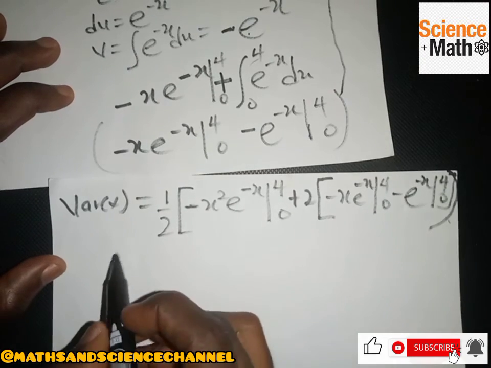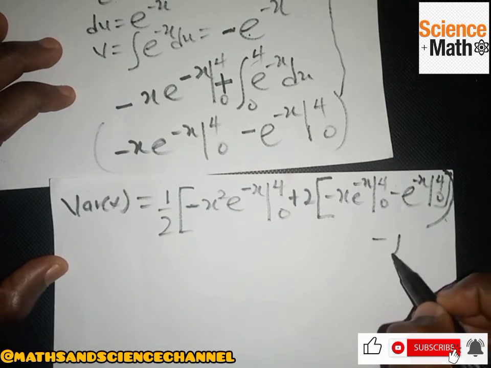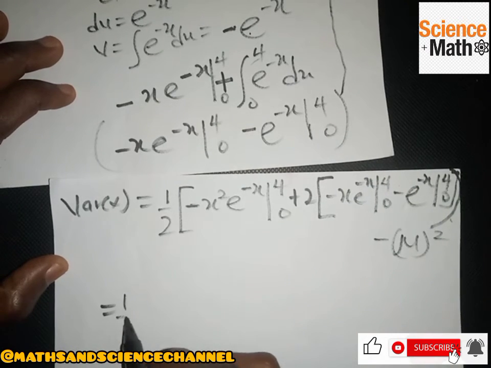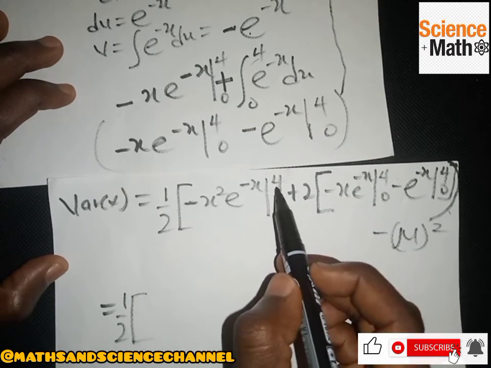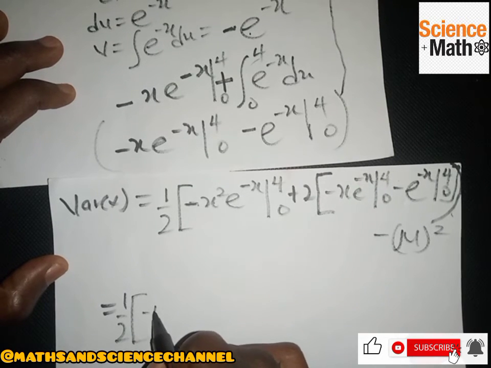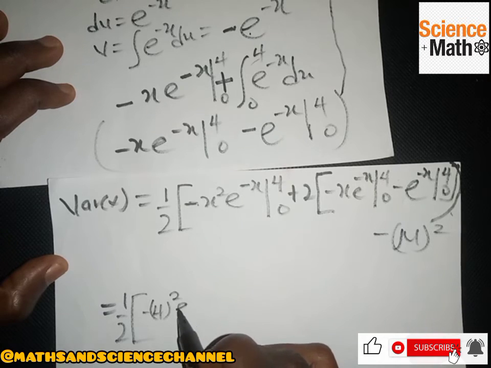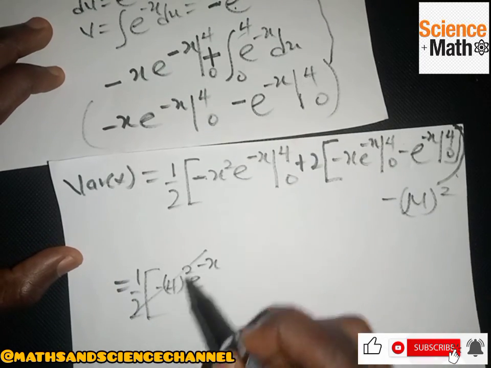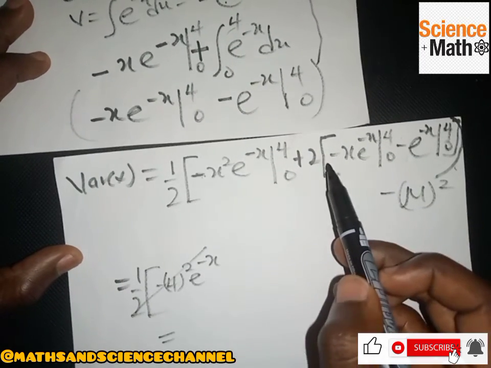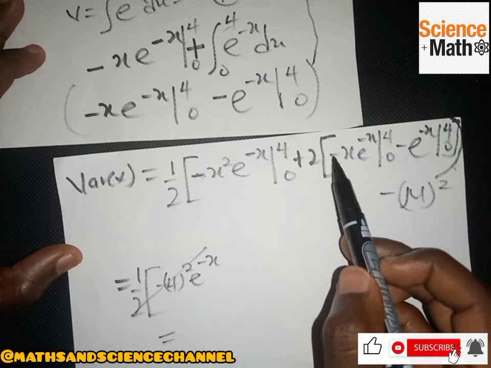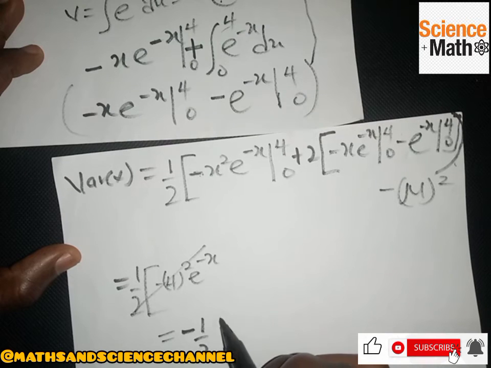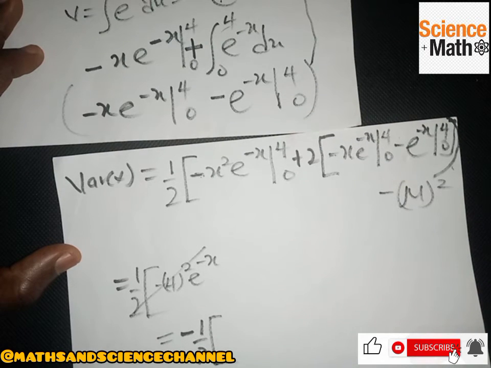Okay, so from here, remember, it's minus mu squared. Computing the whole of that, what we are going to do is just put 4 into it, so we have minus 4 squared here, and then e to the minus x here. Another thing we can do is that since we have negative throughout, let's bring one negative outside for all of them.